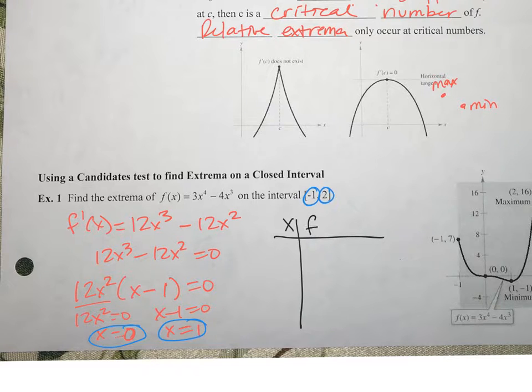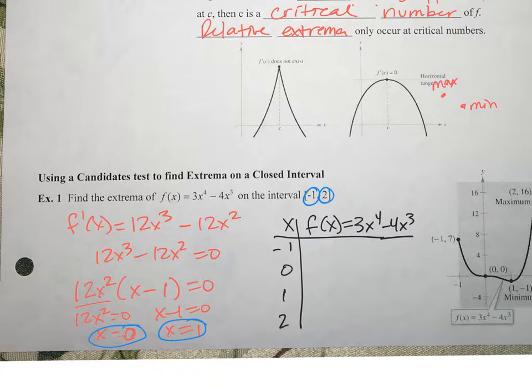Now we need to go back to the original function, which was 3x to the fourth minus 4x cubed. Then in your first column, go ahead and list all your candidates, and I usually list them from smallest to largest. So of our four possibilities, the smallest is -1, so I'll list that first, -1, and then 0, and then 1, and then 2.